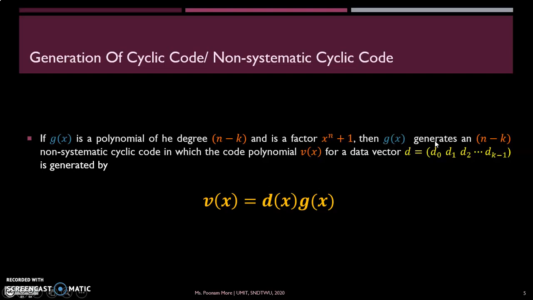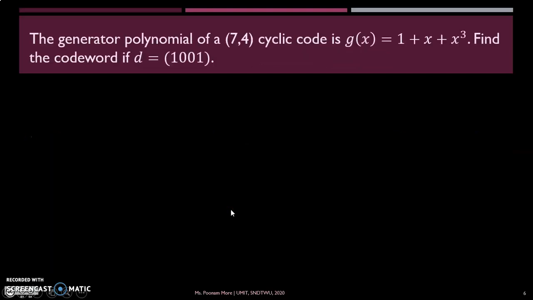Then the generator polynomial generates an (n, k) non-systematic cyclic code, in which the code polynomial v of x for a data vector d is generated by simply multiplying the data polynomial with the generator polynomial. While performing the multiplication, you will consider the modulo 2 operation for getting the resultant code polynomial.